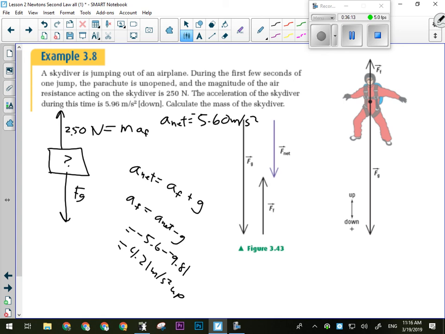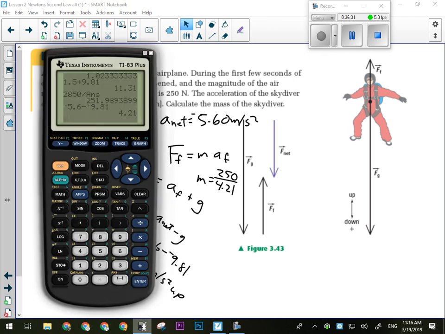Now that I know that, I can plug it in here and solve for the mass of the skydiver. So the force of friction is equal to the mass times the acceleration due to friction, and solve for mass. So mass will be 250 divided by 4.21.